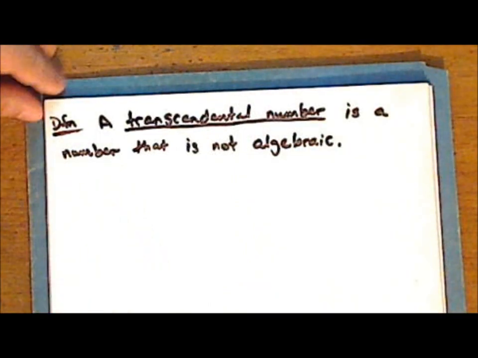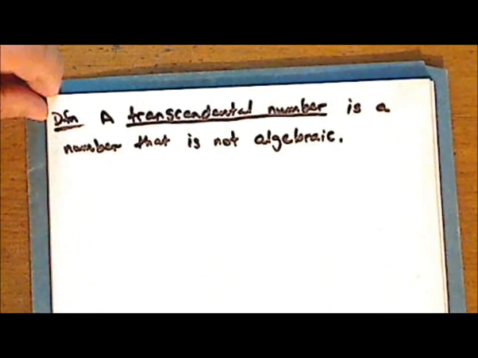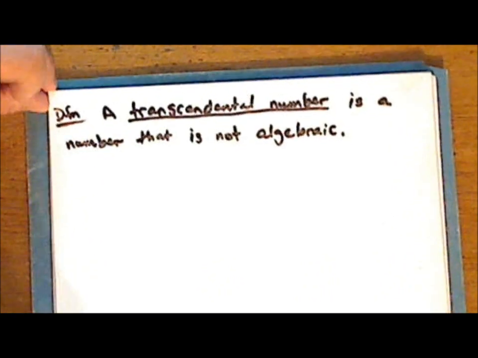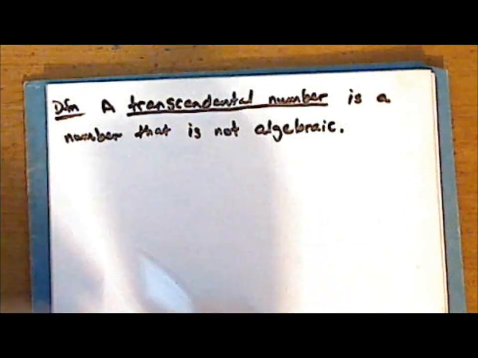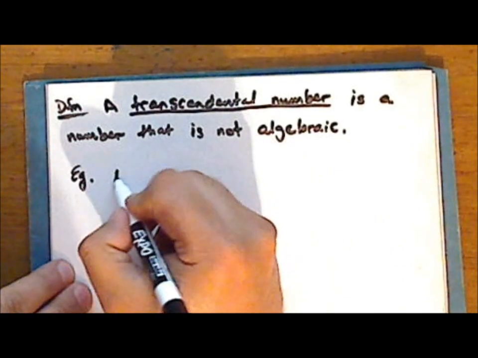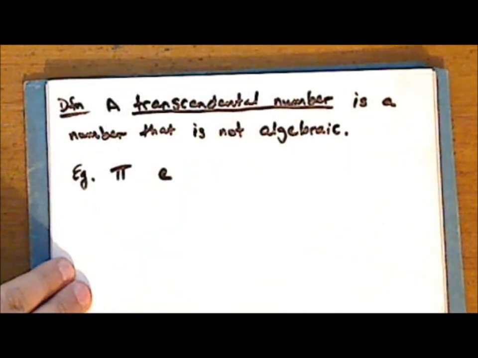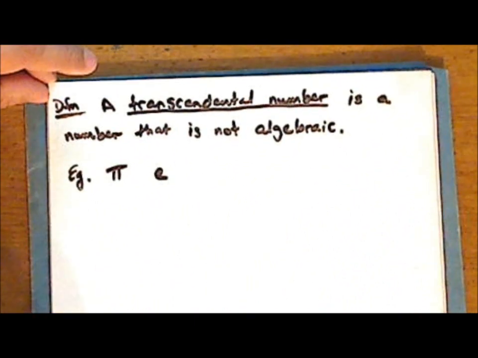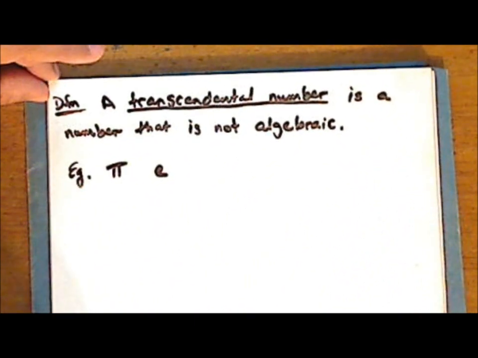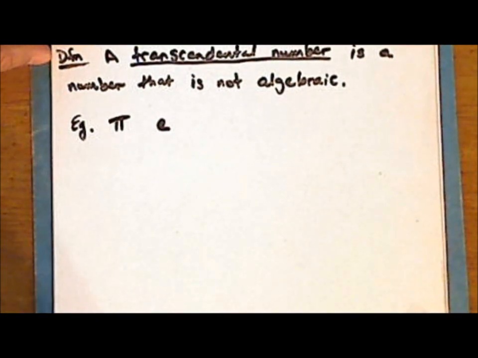And so transcendental numbers never occur as a solution of polynomial equations. Now, the most often cited examples of transcendental numbers include the number pi and the number e, which is the base of natural logarithms. But what we will next demonstrate is that most real numbers are transcendental.